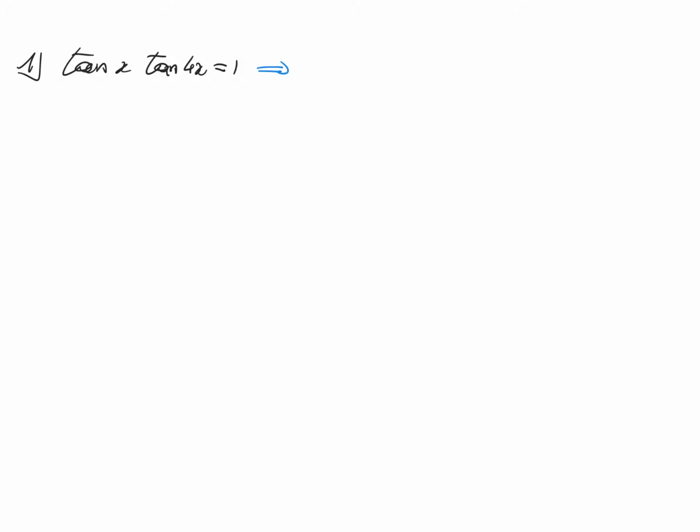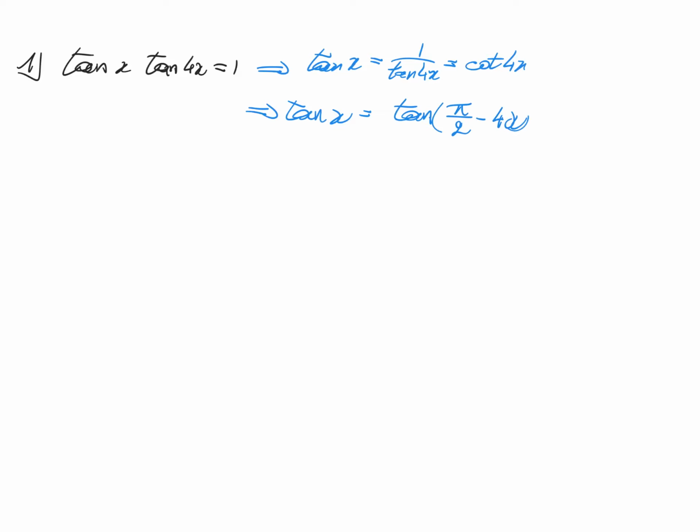So what we will be doing is saying tangent of x is 1 divided by the tangent of 4x. So this is the cotangent of 4x. And then we know that the cotangent of 4x is the same as the tangent of pi over 2 minus 4x. And now we are in the case tangent theta equal to tangent alpha.